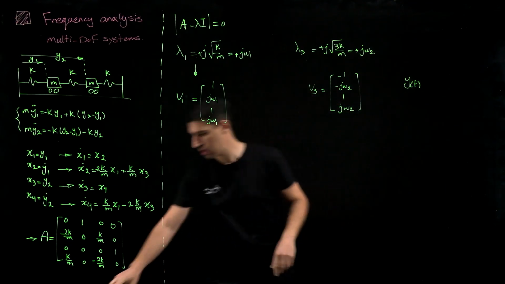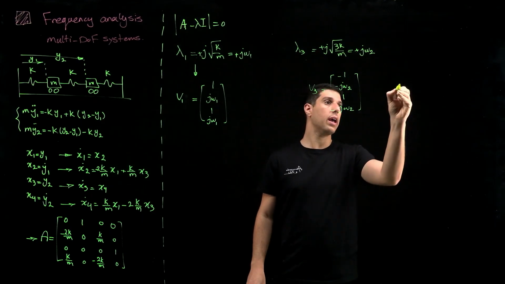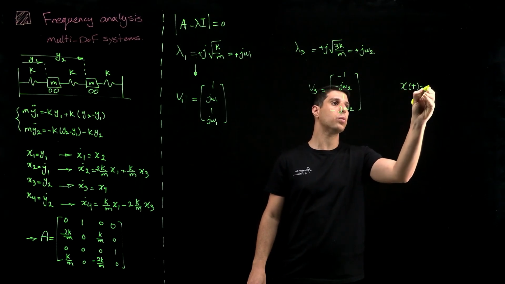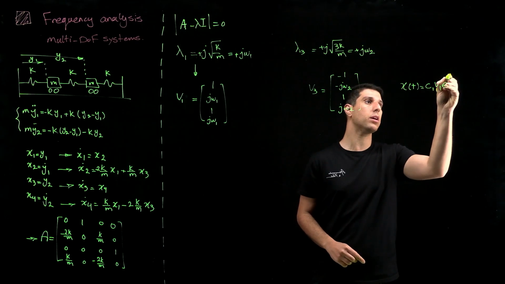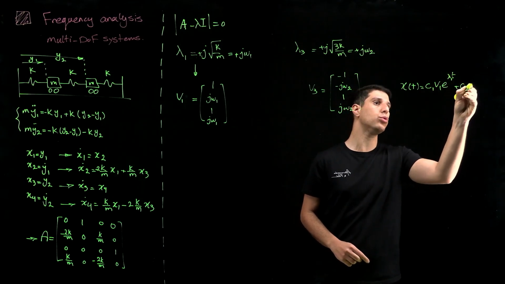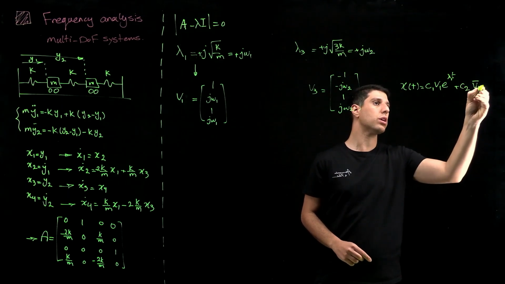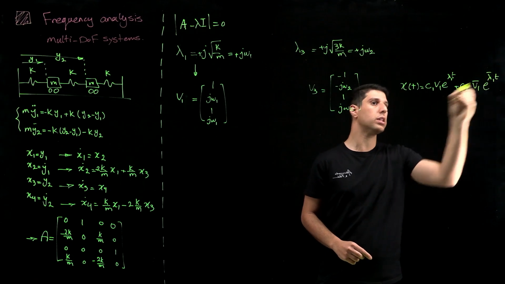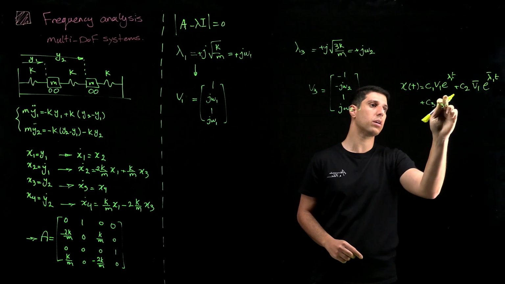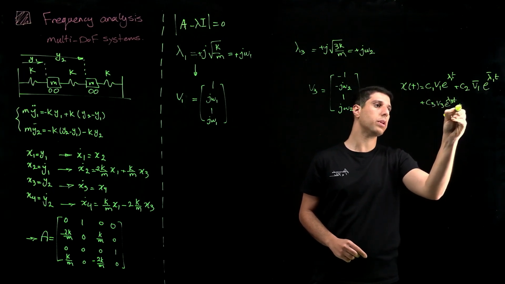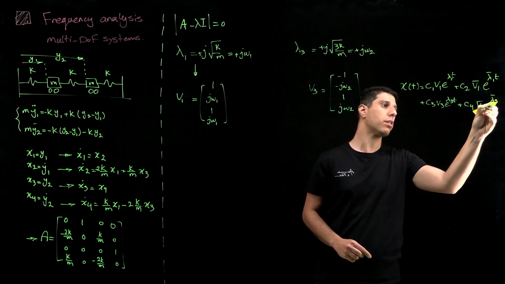My state solution x of t will be some linear combination of c1 v1 e to the lambda 1 t, plus c2 v2, which is the complex conjugate pair of lambda 1 t, plus c3 v3 e to the lambda 3 t, plus c4 v4 e to the lambda bar 3 t.